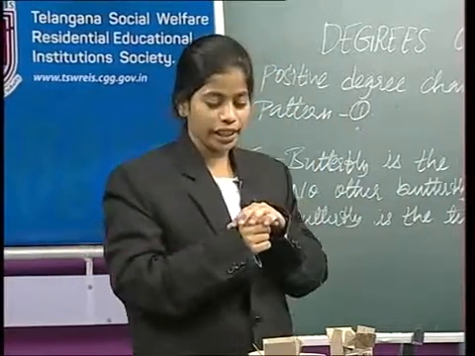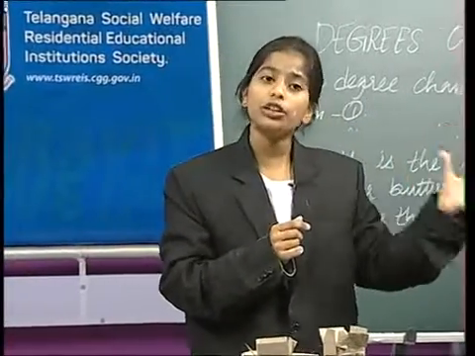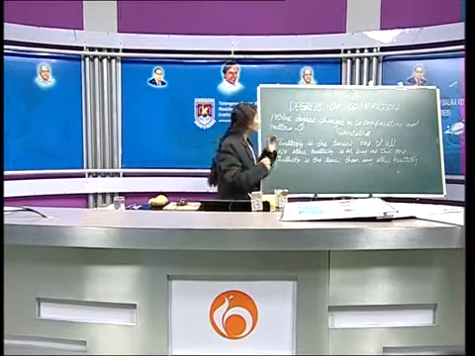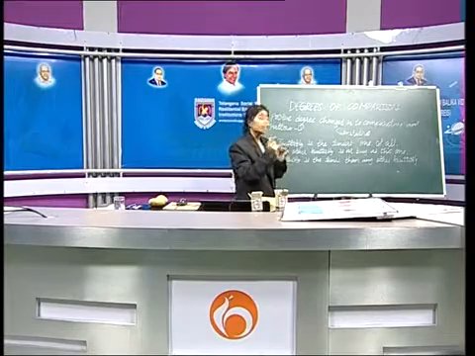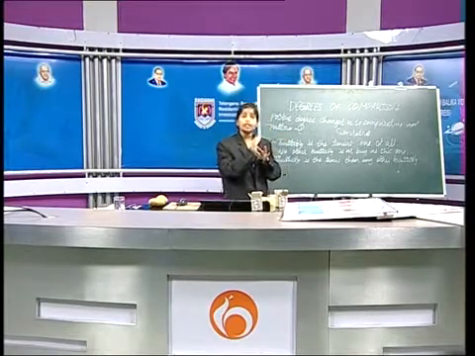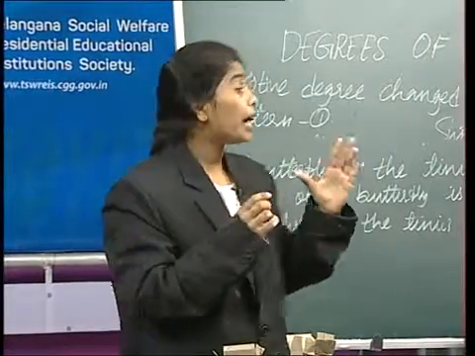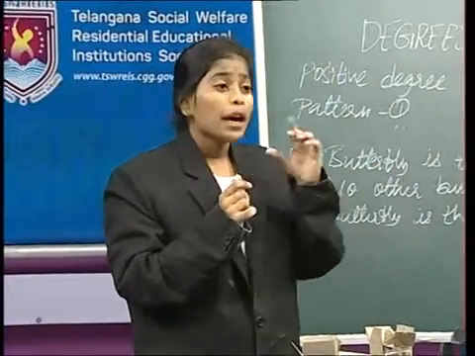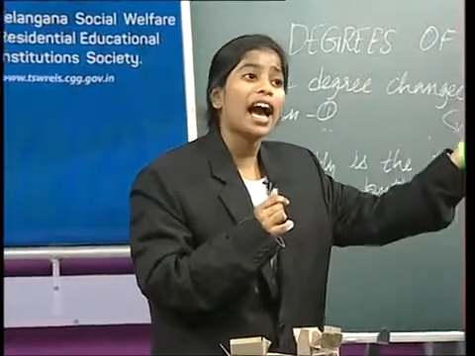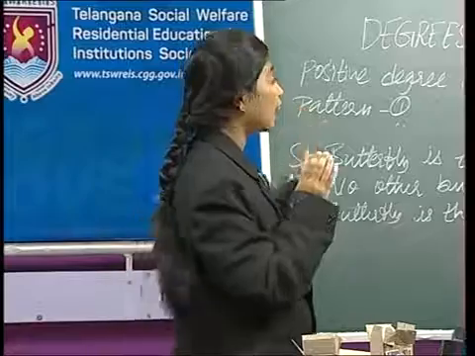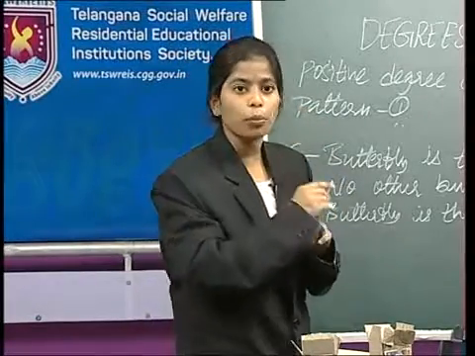For example, if we take "Bhavita is a good girl". Okay, Bhavita is a good girl. This is one of the irregular forms, friends. We are saying Bhavita is a good girl, but in comparative form, "Bhavita is better than Sainath". So, we don't add "er" or "est" to the positive form of the adjective.